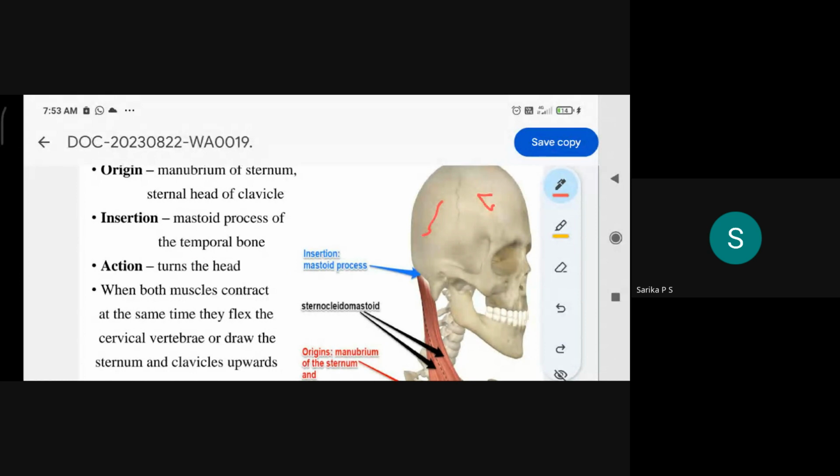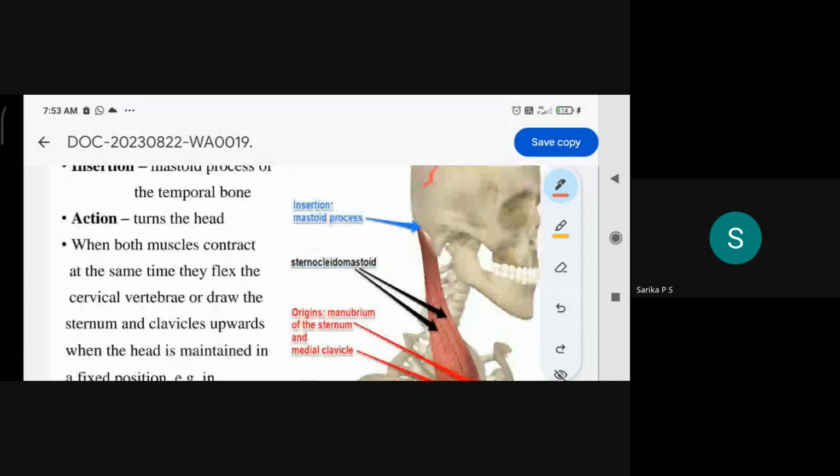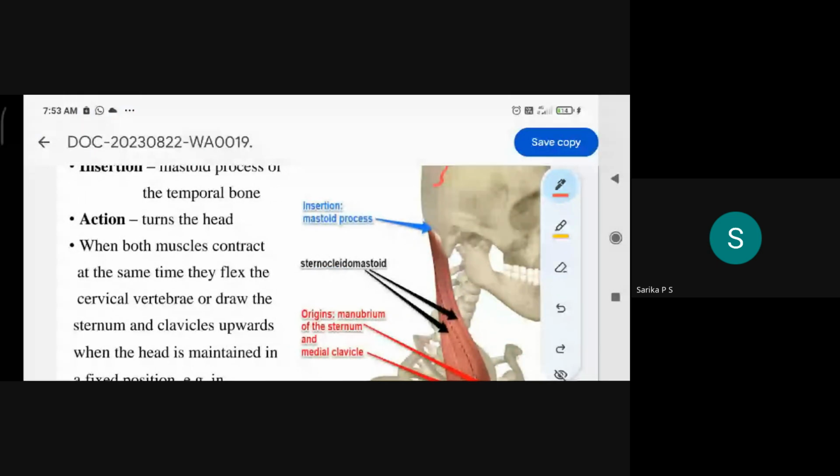So this sternocleidomastoid muscle is originating from the manubrium of the sternum and it is inserting in the mastoid process of the temporal bone. You can see it is going to the temporal bone.